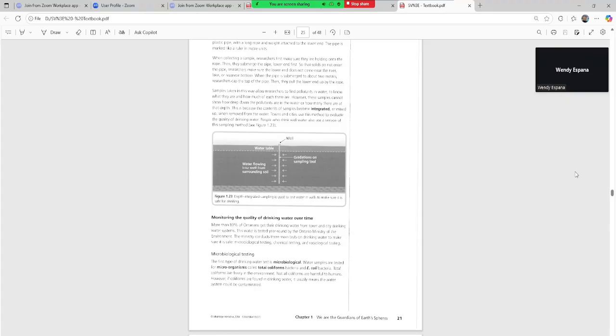And this is what we're testing for in water. Now, the total coliform bacteria is not always harmful, but if they're present in drinking water, it could mean that the water is contaminated. So even if they're not the harmful types, it could be a sign that we are dealing with a bacteria that could be dangerous.